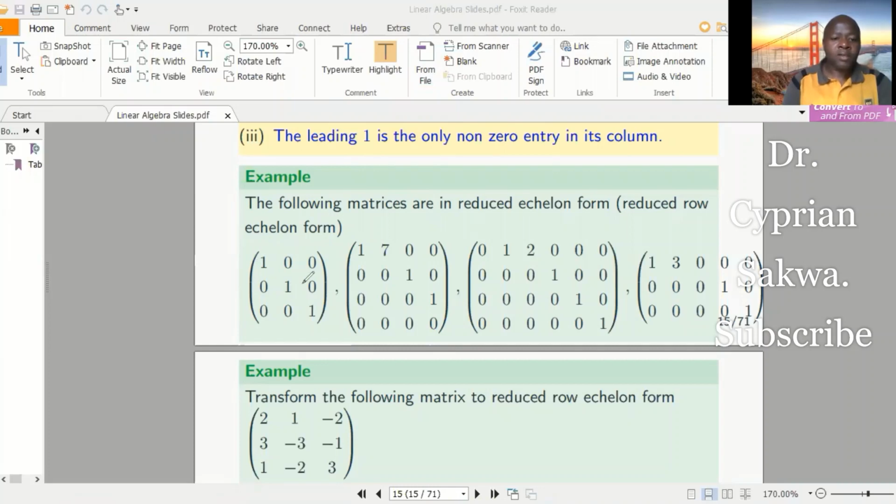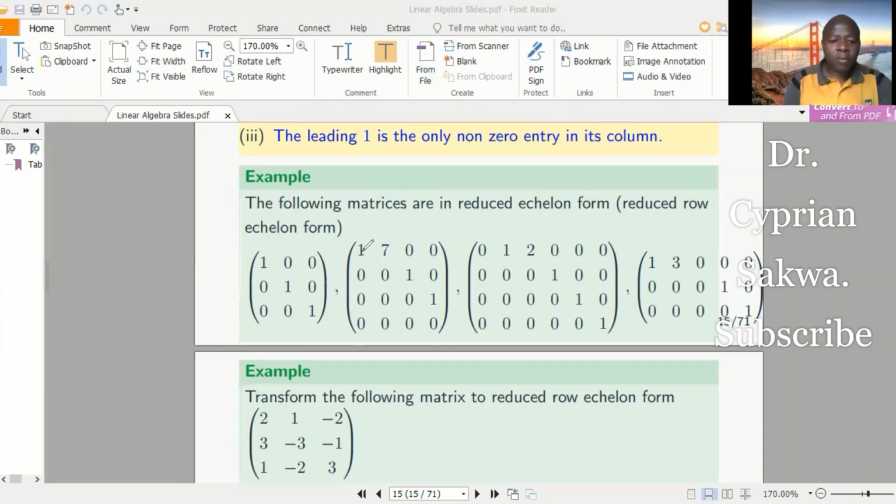This non-zero row, its leading entry is 1, and this row also has 1 as the leading entry. And notice that this 1 is the only non-zero element in its column. This 1 is also the only non-zero element in its column, and this 1 too.